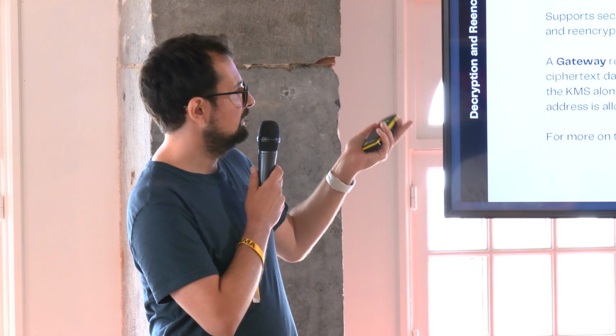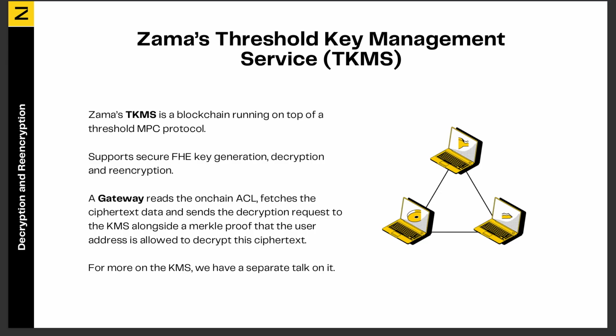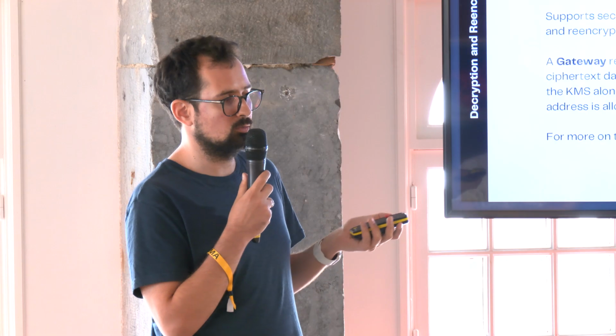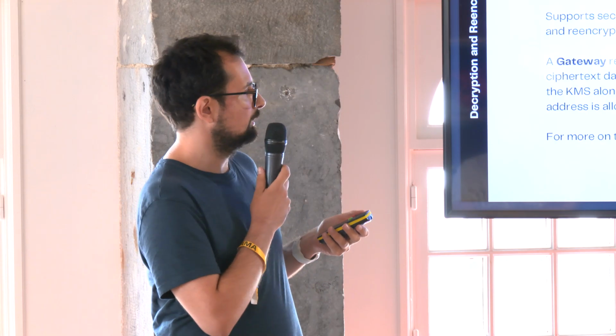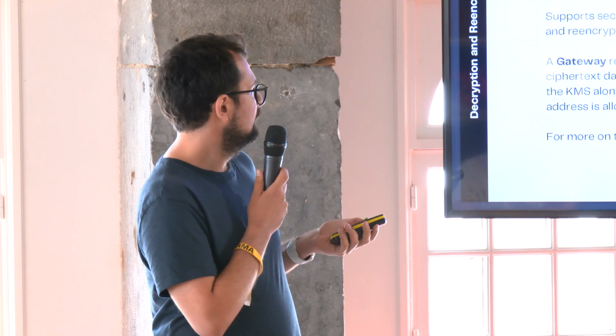And also, this system supports secure FHE key generation, which means that when the FHEVM is created for the first time, for example, we will run the MPC protocol to create the key, and again, the key won't be available to any single party, even when it's created.